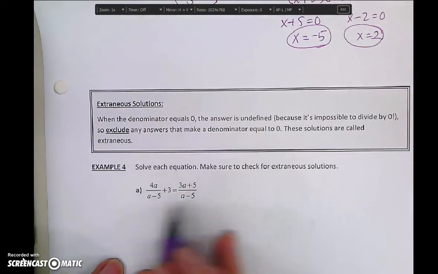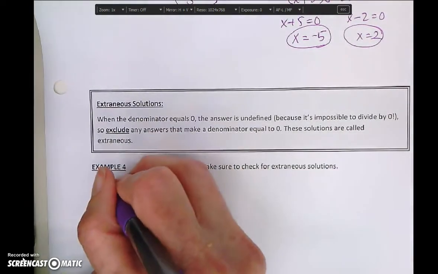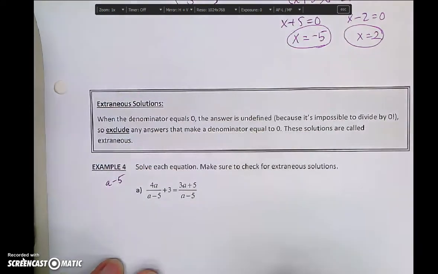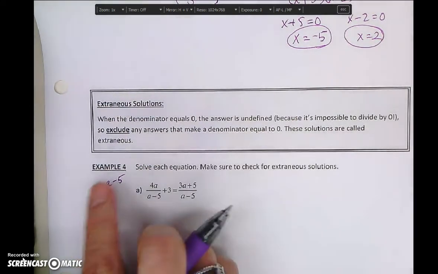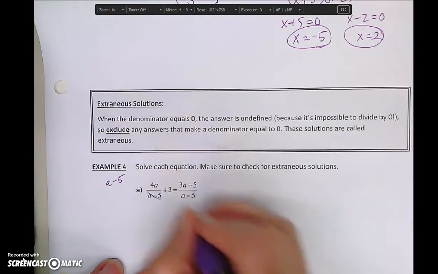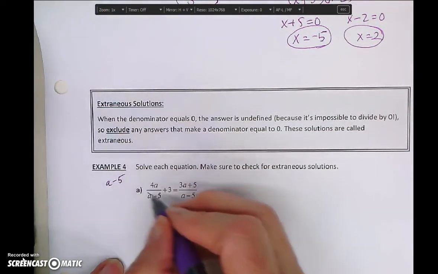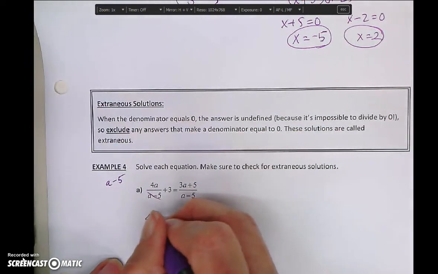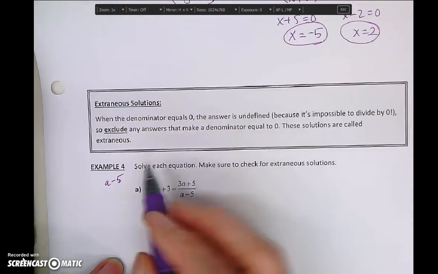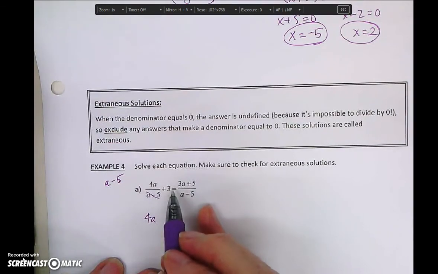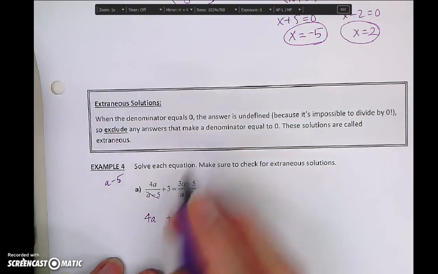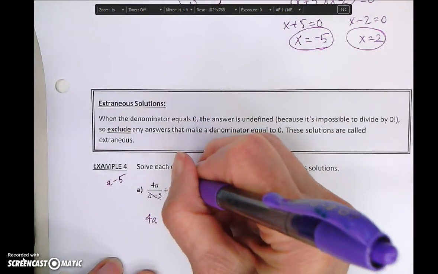All right, so let's take a look at example 4. Easy one. Denominator is just a minus 5. So when I multiply it times the first one, it knocks out that a minus 5. And so those cancel. And I'm left with 4a plus. When I multiply it times 3, nothing cancels, right? So I'm going to end up with 3 times a minus 5.